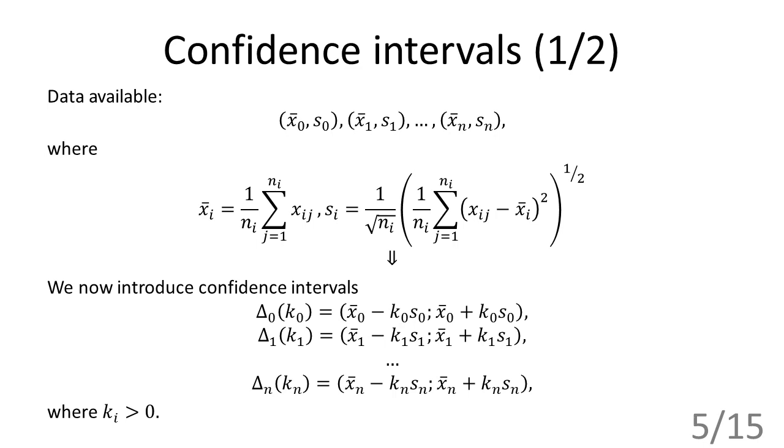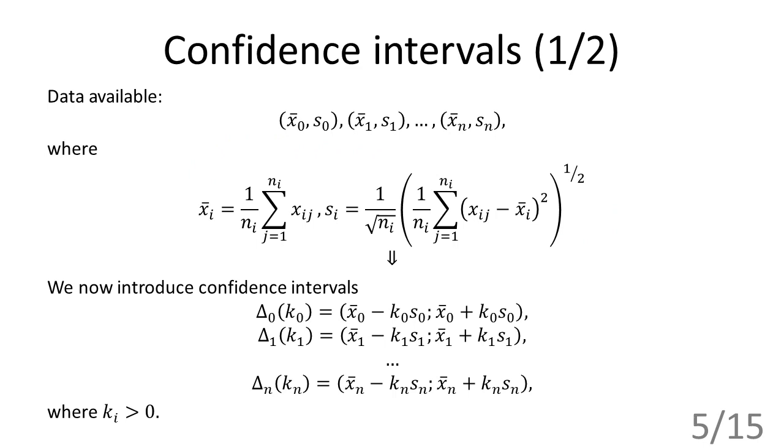So, as we have already discussed, we have data represented as pairs of means and their standard deviations. Actually, if we are talking about real data we are going to deal with, these pairs are not the observations themselves, but each of them describes a group of observations obtained at approximately one point in time.